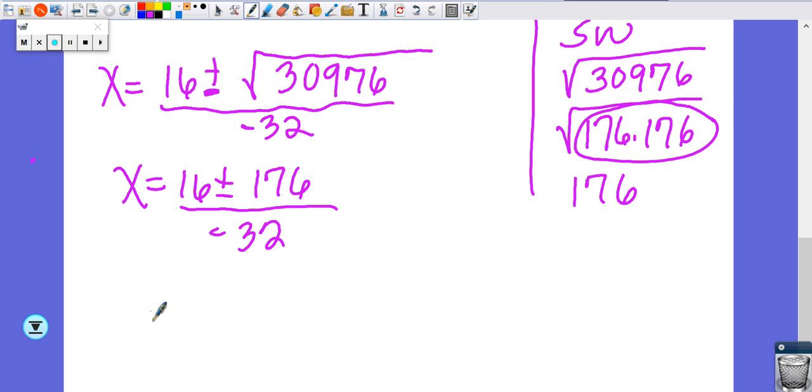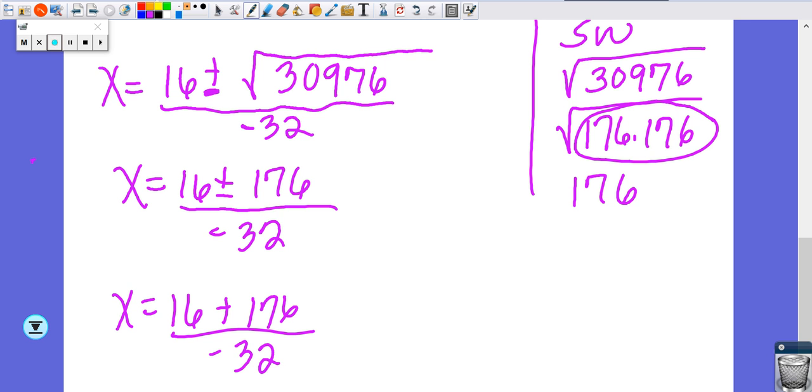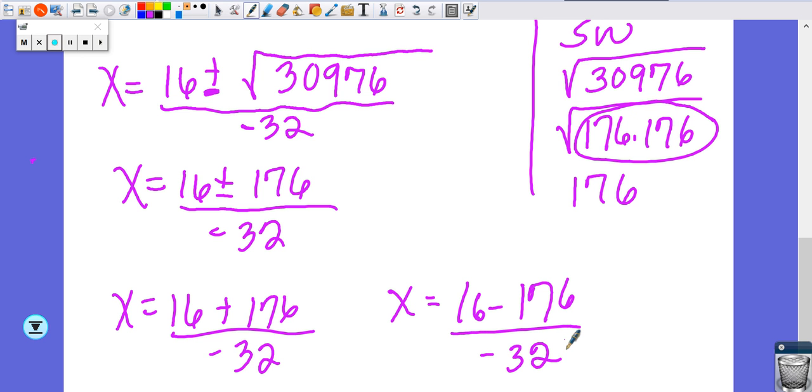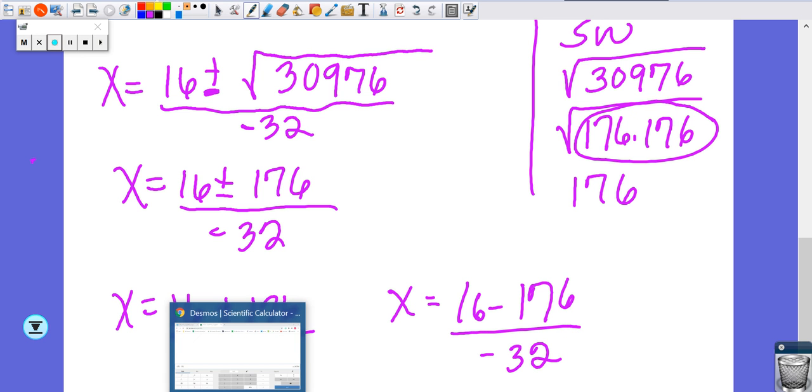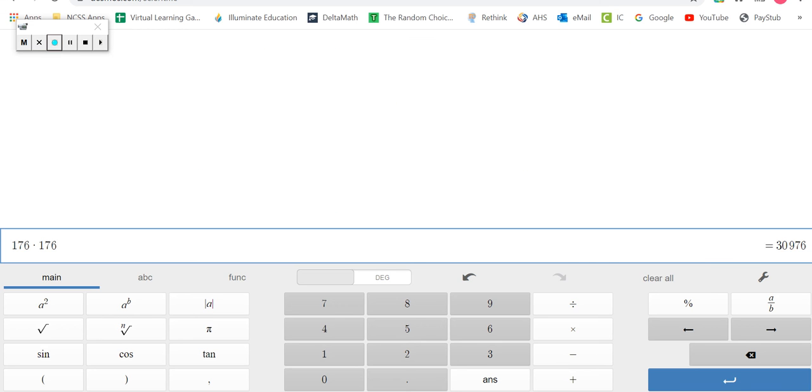So here we're going to use our calculator to help us get the roots. So we're going to say 16 plus 176 over negative 32, and then we need to do 16 minus 176 over negative 32. Alright, so I'm going to go back to Desmos and I'm going to push my fraction key.